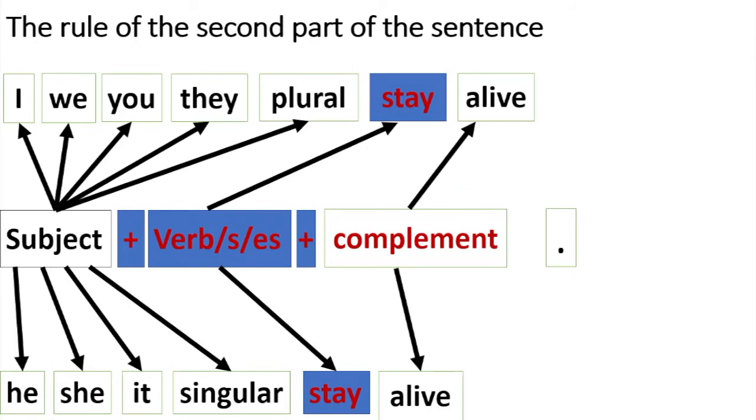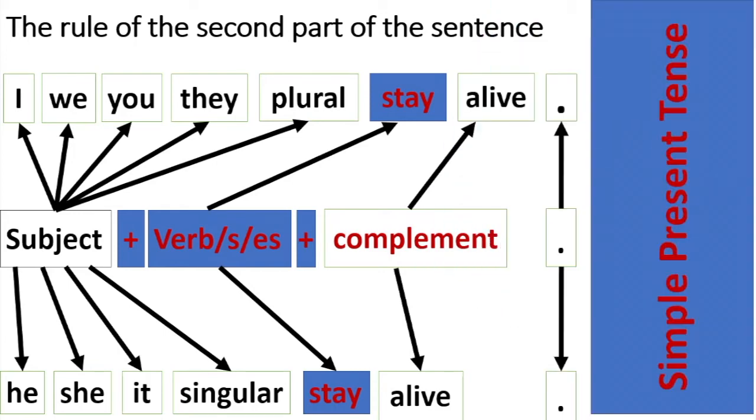If we breathe oxygen, we stay alive. If he breathes oxygen, he stays. He or she stays alive. You can just add s. He stays alive. That's the end of the sentence. Right.